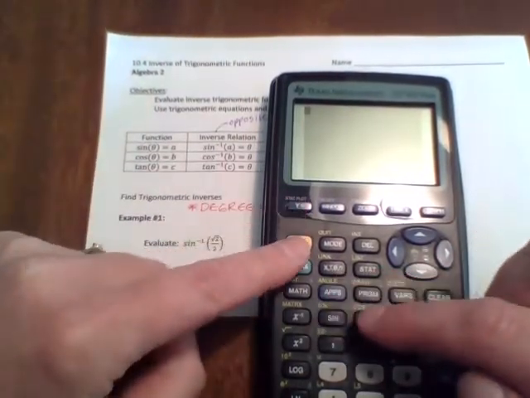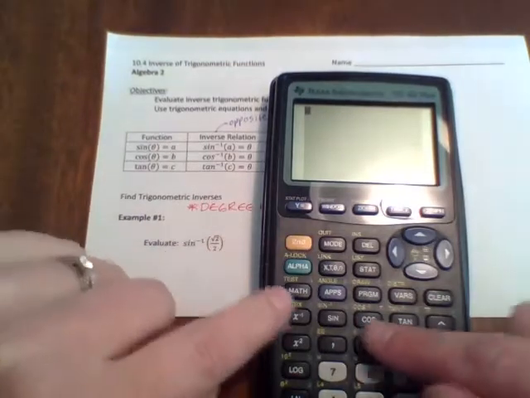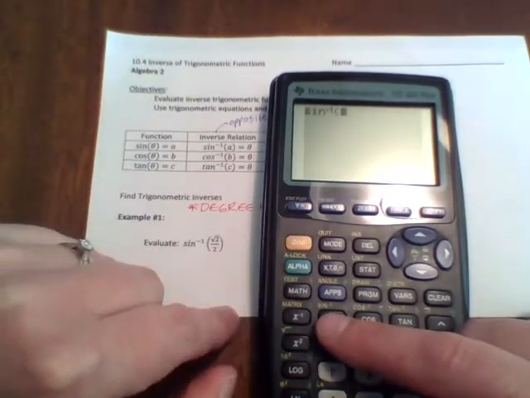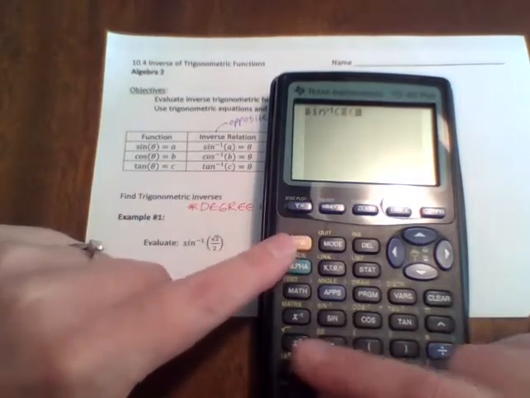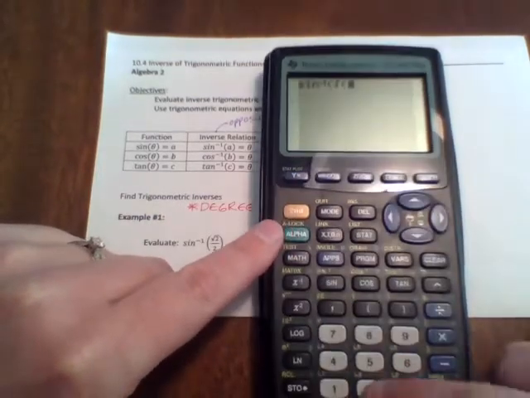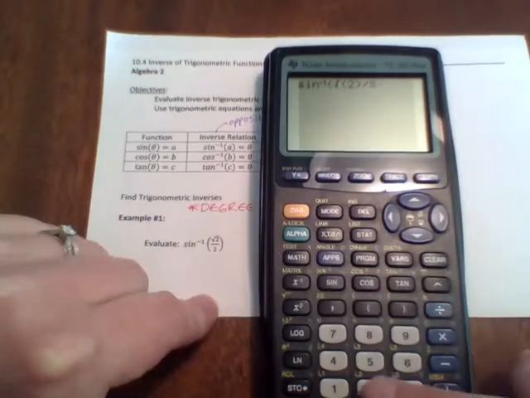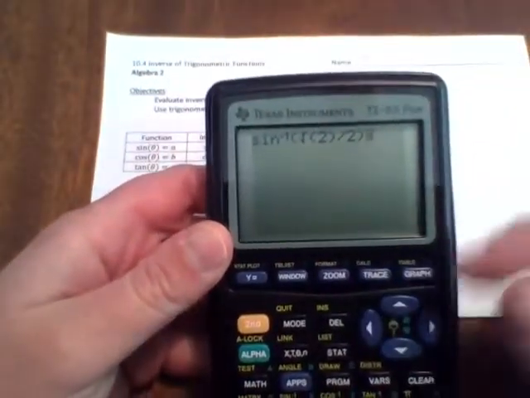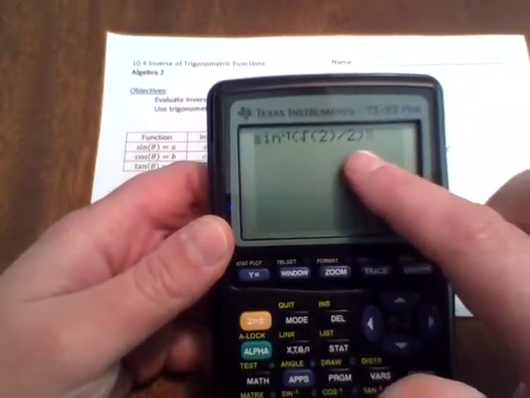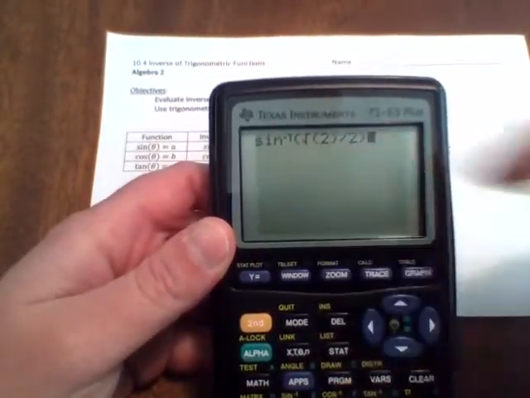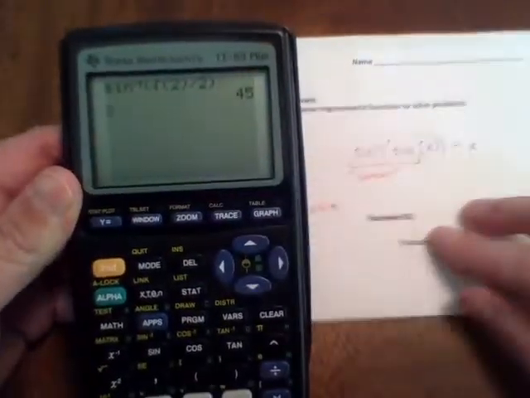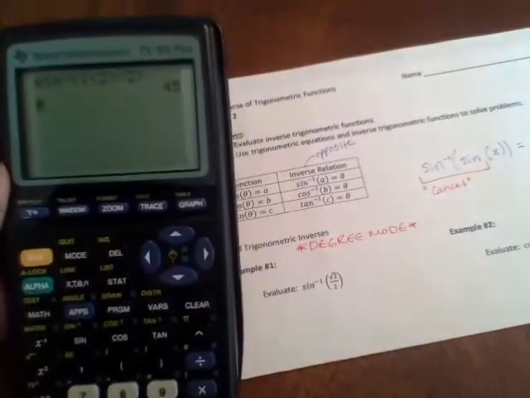In order to get sine inverse, I'm going to press the sine key, but second first. So second sine inverse, and then I'm going to do that of the square root of 2 divided by 2. Taking a look at how I type this, depending on what calculator you have, you do have to close those parentheses and put that square root of 2 over the 2. So sine inverse of square root of 2 over 2 gives us a degree of 45.